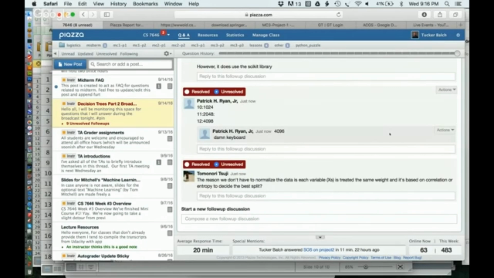Okay, getting to this last question. The reason we don't have to normalize the data is each variable is treated the same weight, and it's based on correlation or entropy to decide the best split. Yeah, good point.